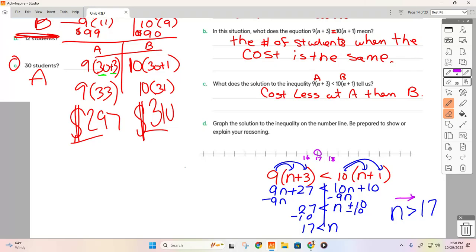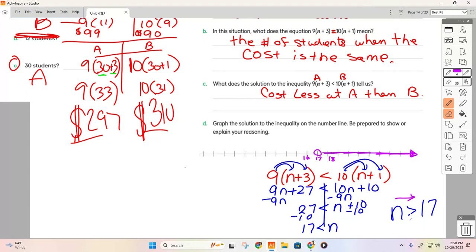Open circle, because it's not equal to, and I'm shading this direction. Wait, so if it has the equal to at the bottom, that's when you fill it in? Correct. When it's got the equal to at the bottom, right here, that would make my circle filled in.